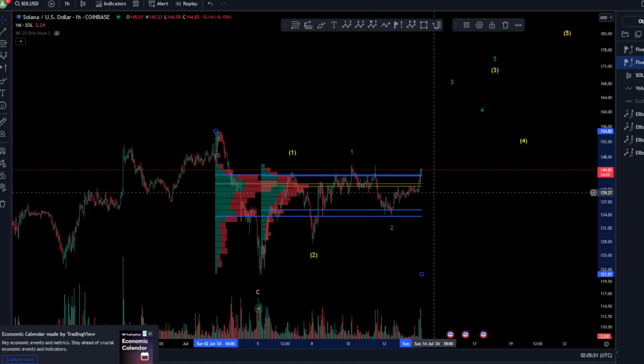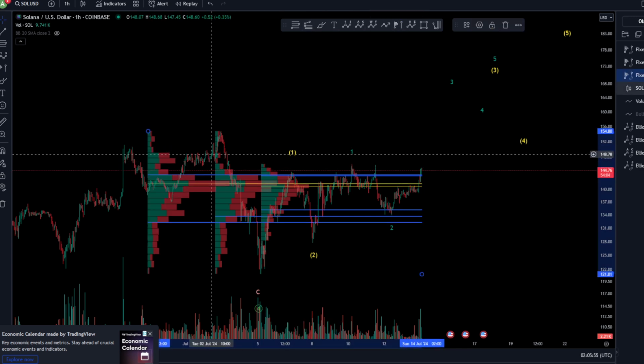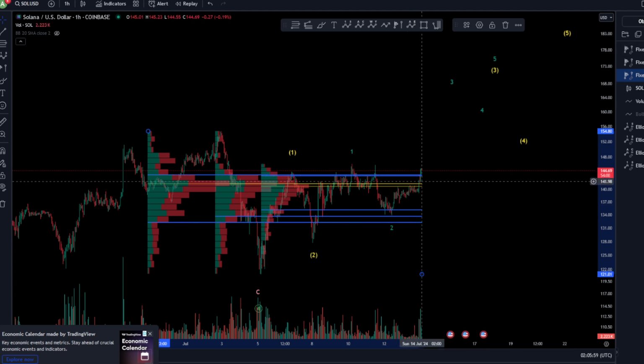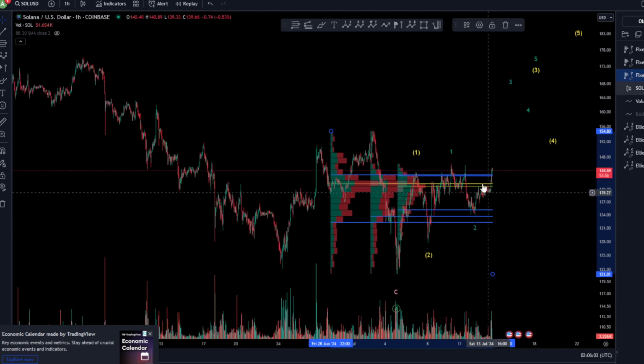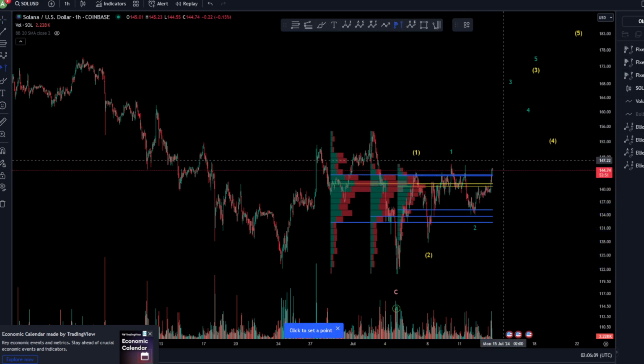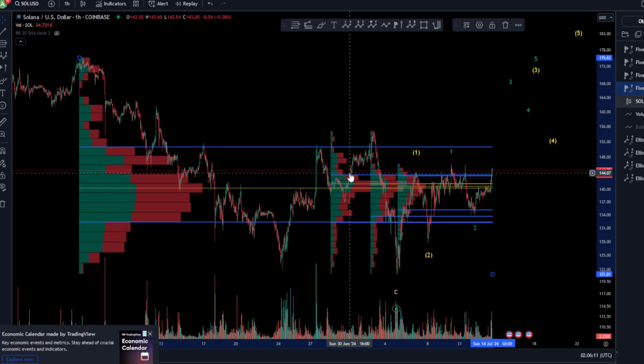Let's see with this one as well. That's perfect. Yeah, that looks very good. Very good sign. We have almost broken most of the point of control and higher value for Solana on the hour chart.